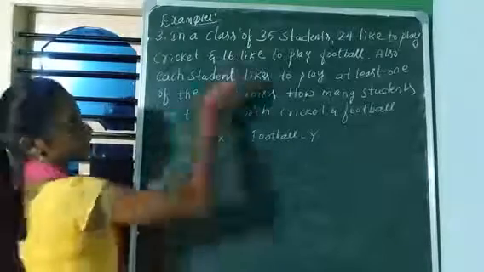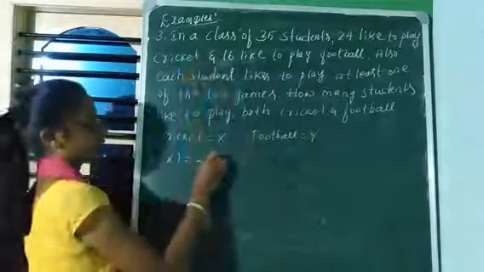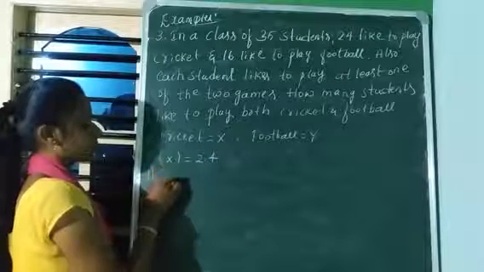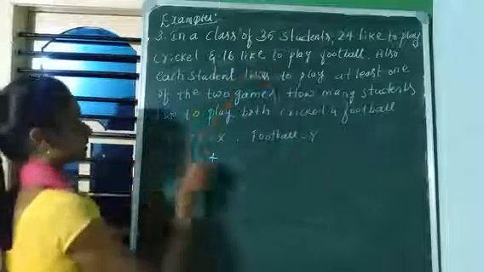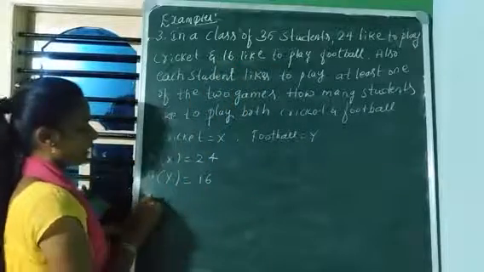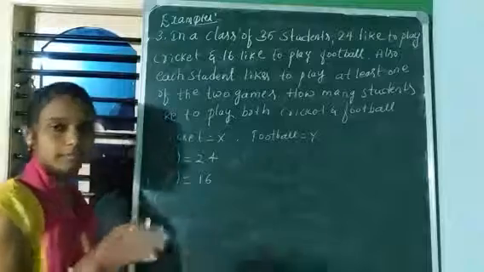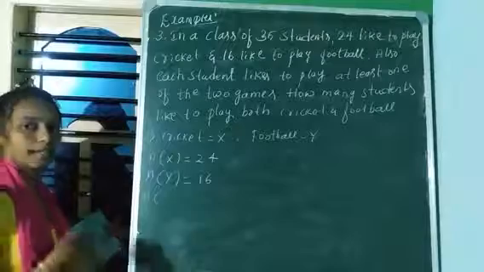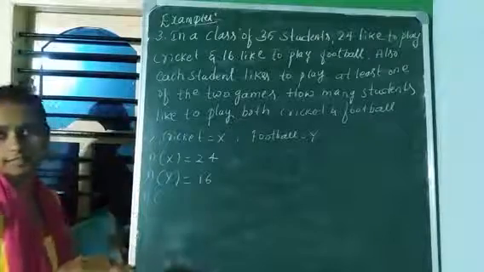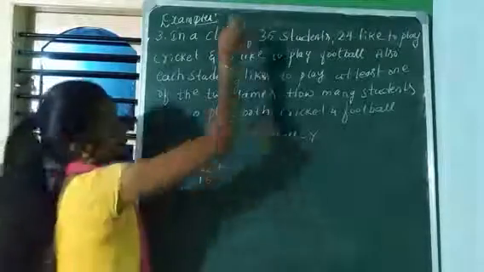Next, the number of students who like to play cricket is 24. The number of students who like to play football is 16. And in a class it is nothing but a union of students, the students who like to play either cricket or football.